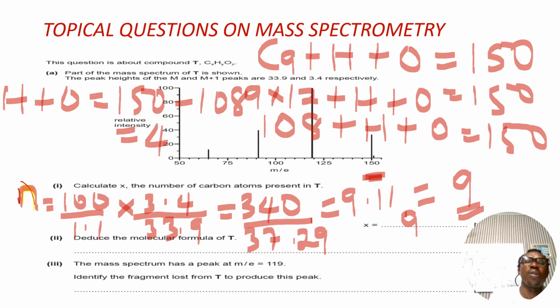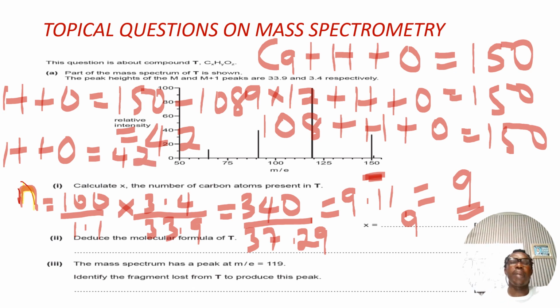Therefore, the mass of hydrogen plus oxygen is equal to 42. So we have to assign to oxygen first. Oxygen has an atomic mass of 16, while hydrogen has atomic mass 1. So we need to assign to oxygen, then the rest will be given to hydrogen with atomic mass 1.